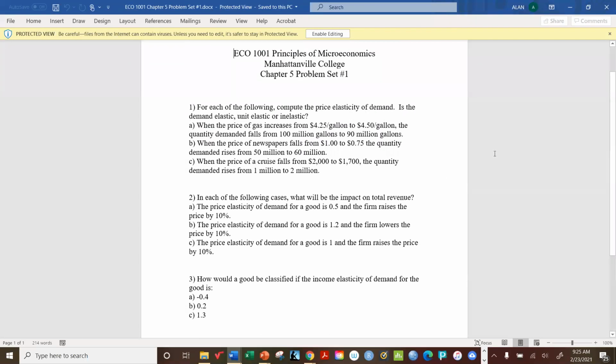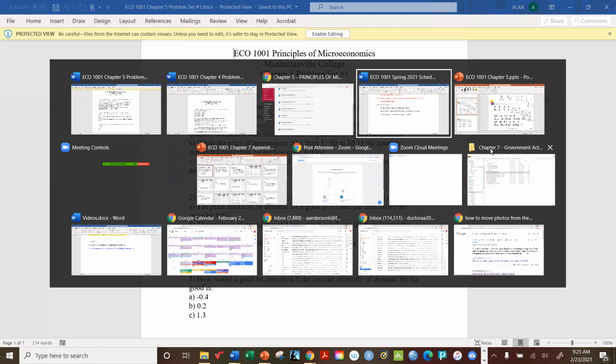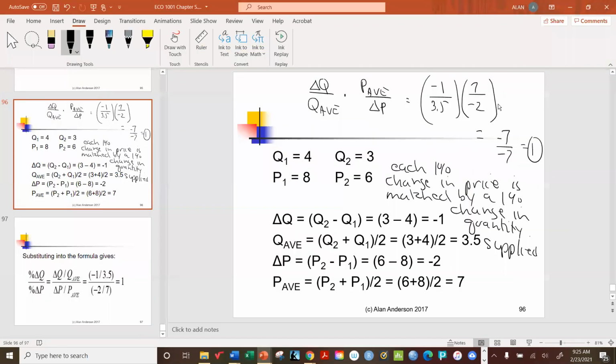So why don't we do this? Let's agree that on Friday, we'll go over the chapter 3 and 4 problem sets, and then we'll save chapter 5 for next Tuesday. So that way you'll have more time to work on it, especially since we just finished it.